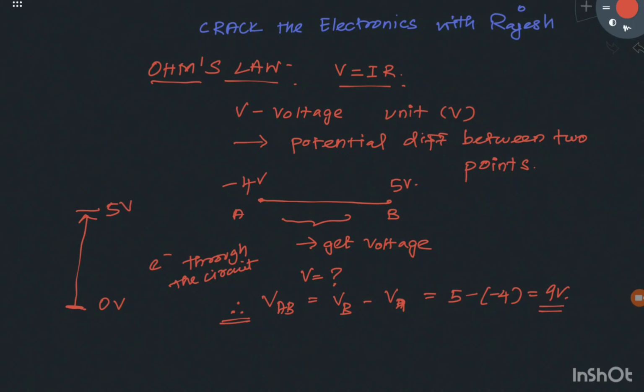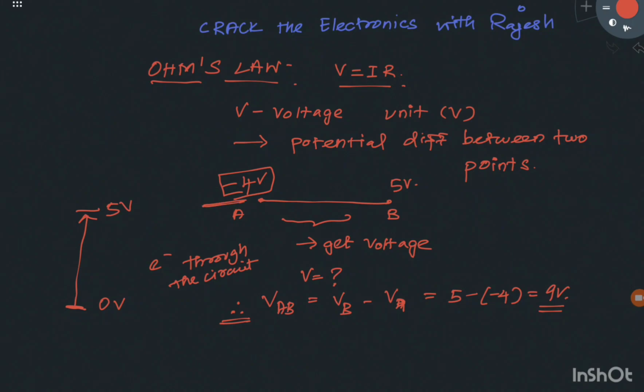Now the minus 4 volt at point A represents a 4 volt deficiency at point A. To make the electrons flow, we have to solve that deficiency. So again a 4 volt is needed for that electron flow.